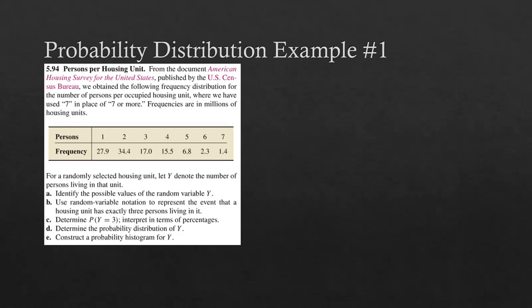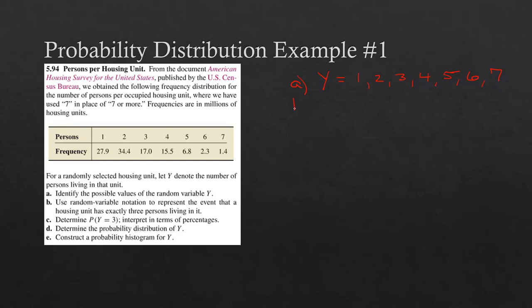Now look at what it says down here. Let Y denote the number of persons living in the unit. Identify the possible values of the random variable Y. So what could Y equal? Well, it could equal 1, 2, 3, 4, 5, 6, or 7. Those would be your values of the random variable.